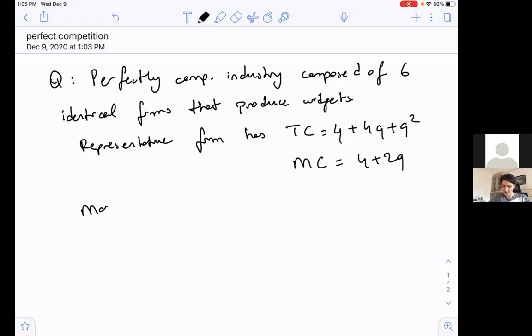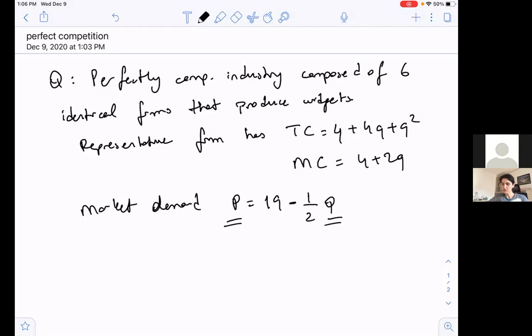Market demand is P equals 19 minus 1/2 Q. So this is the market price and this is the market quantity. Big Q is market quantity, small q is the quantity for the representative firm.